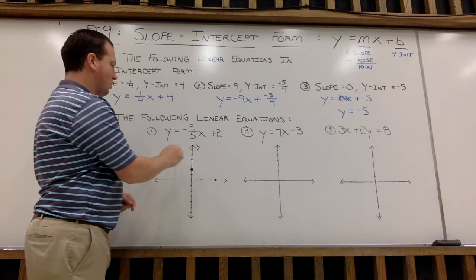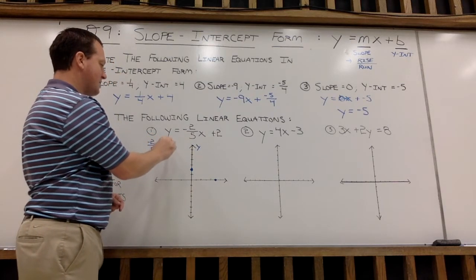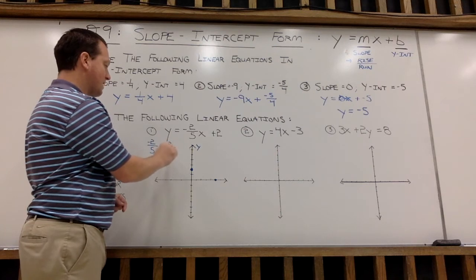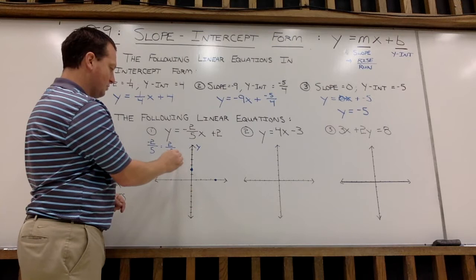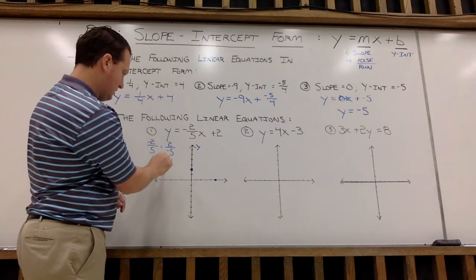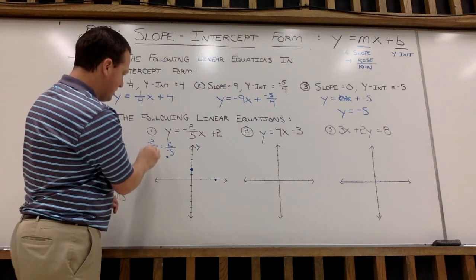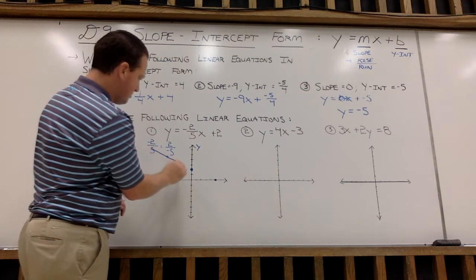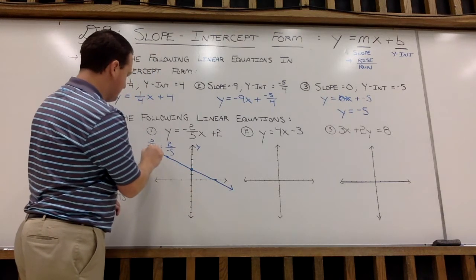I could also think of -2 over 5 as the same as 2 over -5, so I could also go up 2 and then 1, 2, 3, 4, 5 to the left. Then my line is going to be right there.